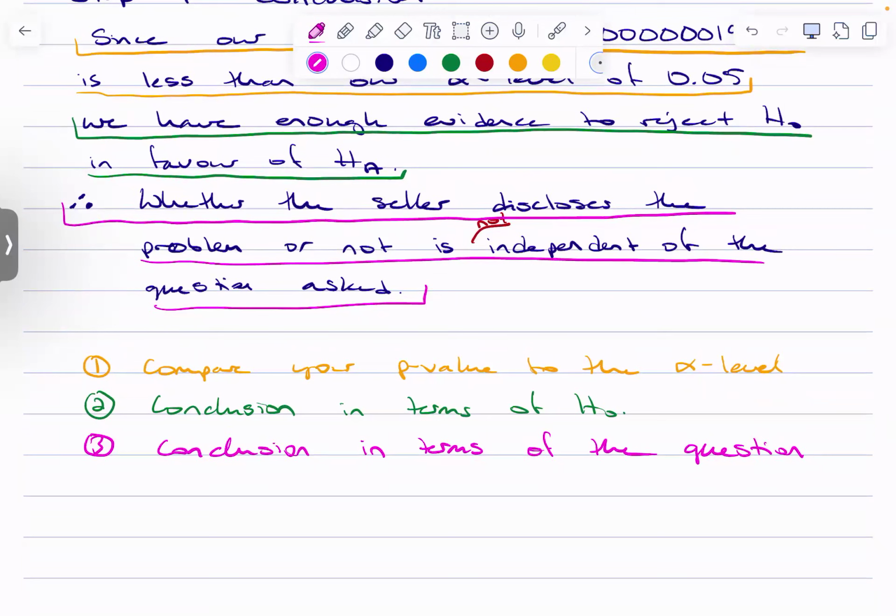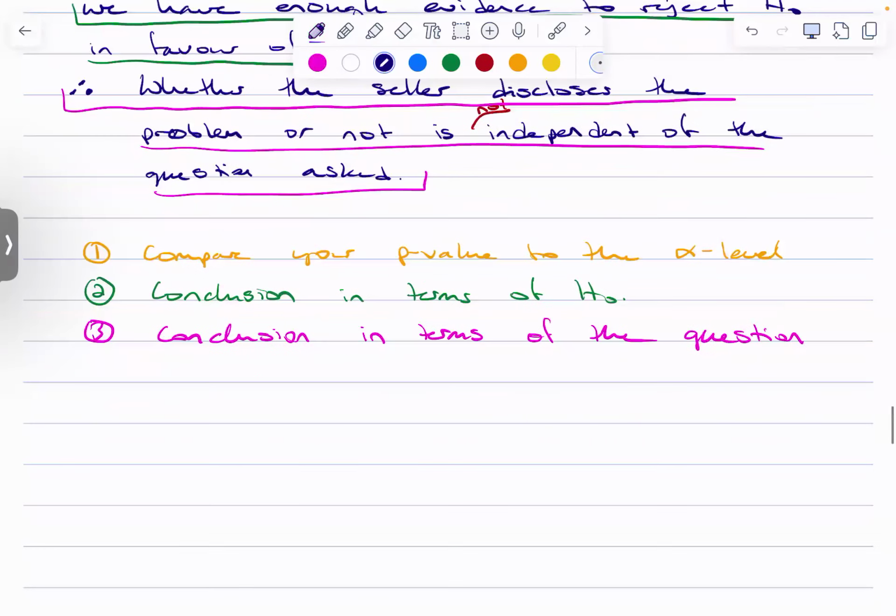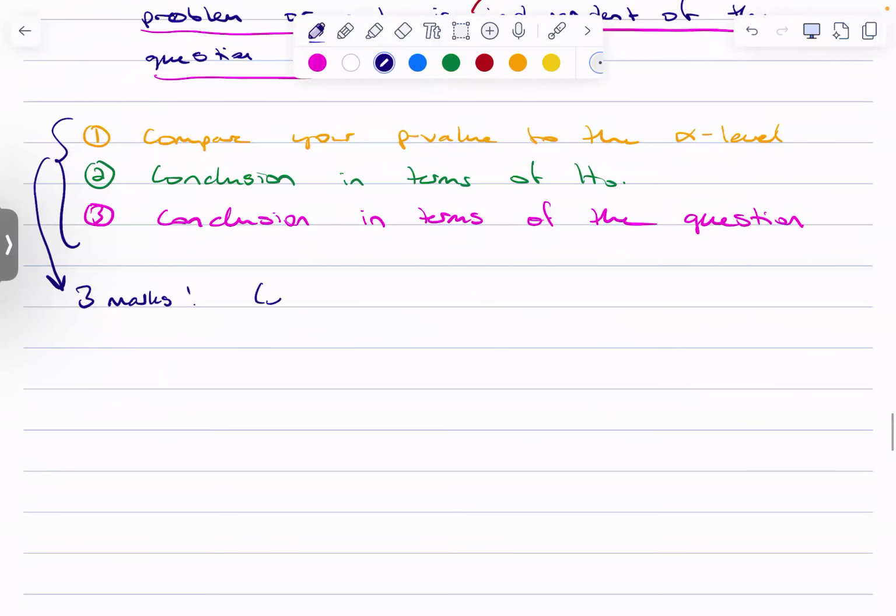Three parts, 3 marks. So this is 3 marks, usually out of 7.